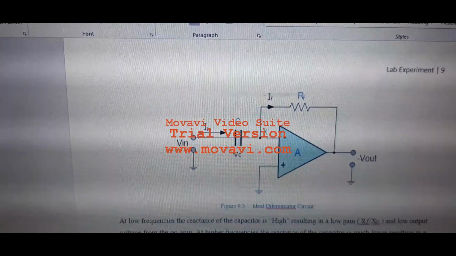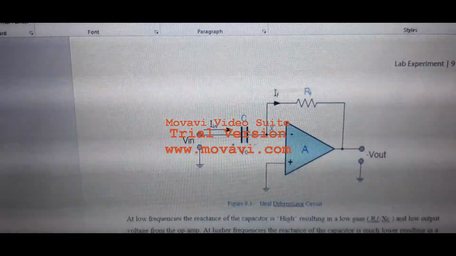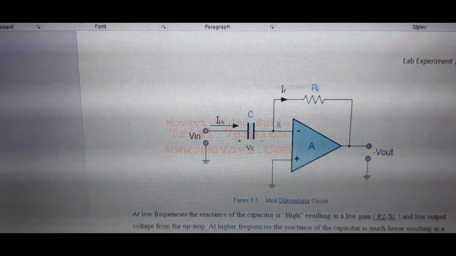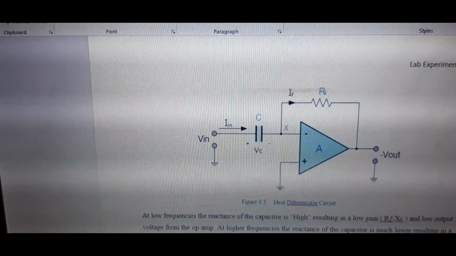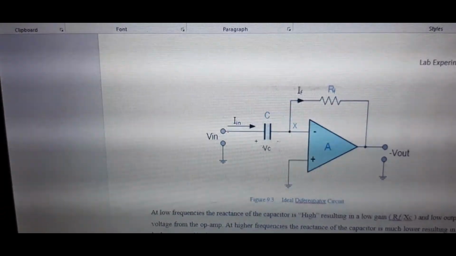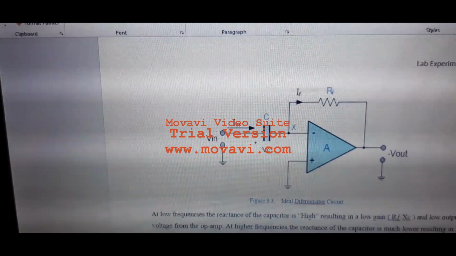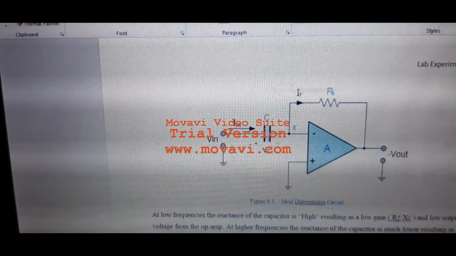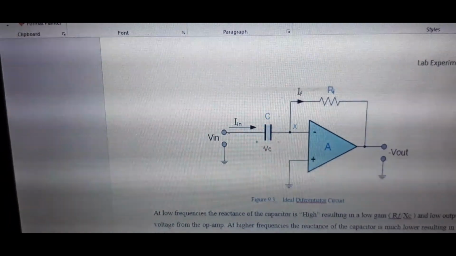In the ideal differentiator circuit, at low frequency the reactance of the capacitor is high, resulting in a low gain, which is given by RF by XC, and a low output voltage from the op-amp. At high frequency, the reactance of the capacitor is much lower, resulting in a high voltage gain and higher output voltage from the differentiator circuit.